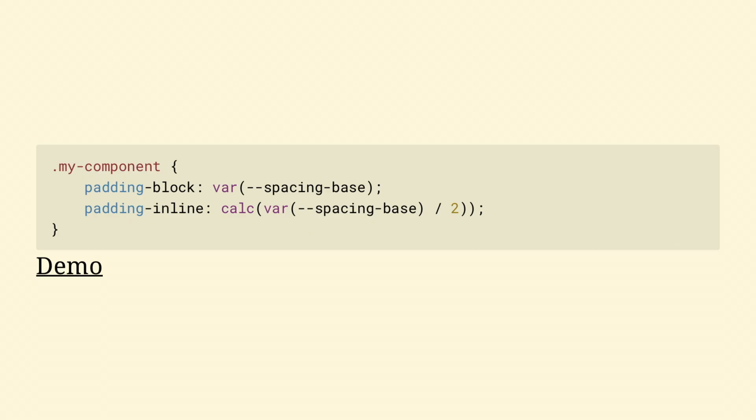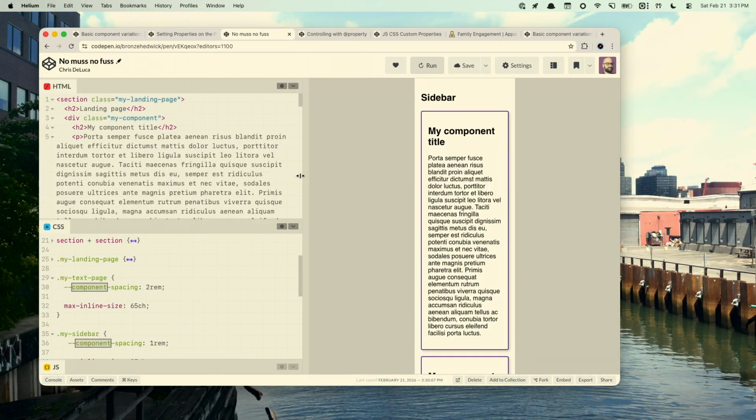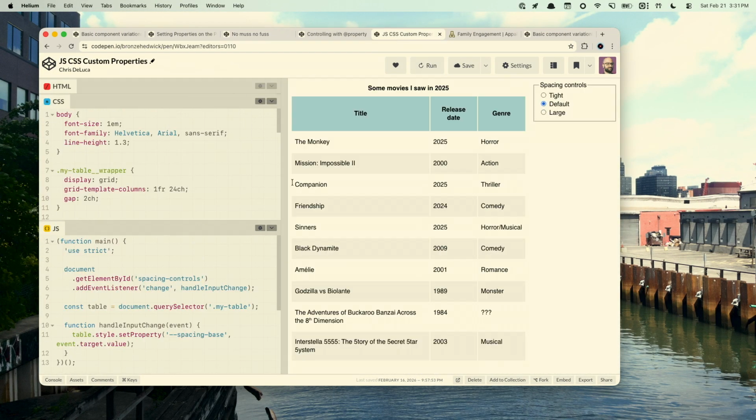So that's the kind of example that I have here. If you want to think about a table that has different display modes, and we have different amounts of space that can be set for each cell. And kind of walk through this.